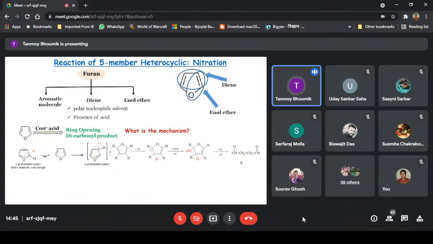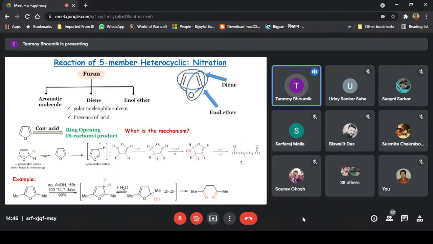It is difficult to draw the mechanism the first time, where a carbocation is generated, and it will be replaced by the OH group. This is the difference between furan and pyrrole. In the case of pyrrole there is a different structure, and for furan a different type of molecule is formed.